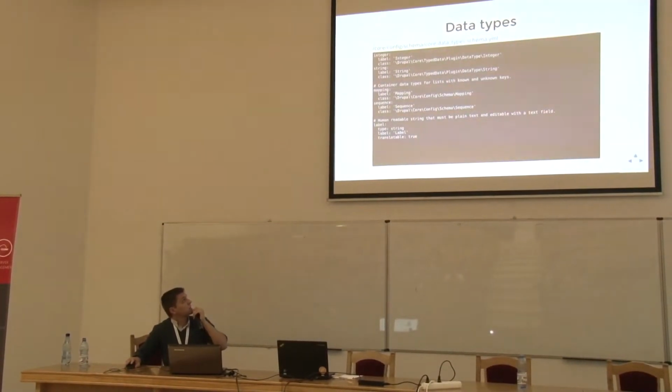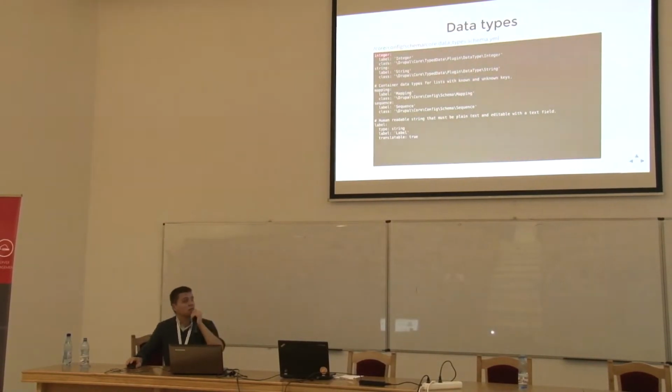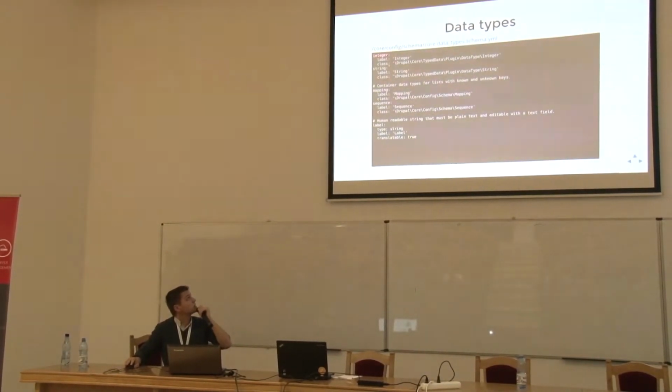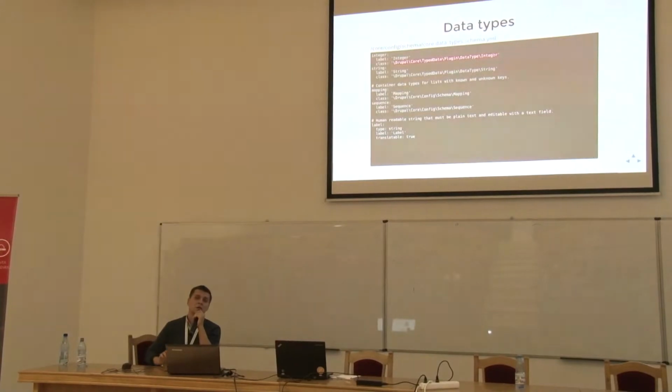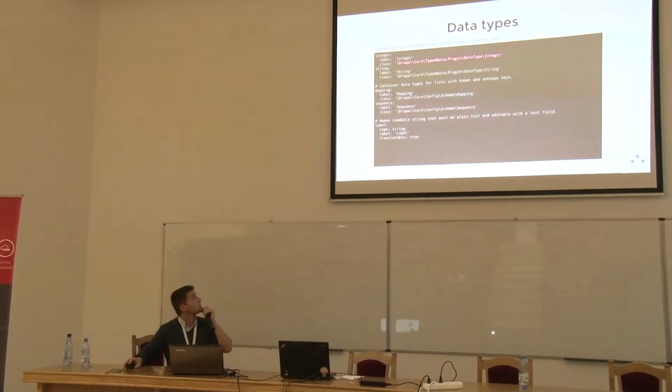What you can see is that integer actually uses a class to typecast the value. This ensures that when you have a value for that configuration, it will always be typecast with this class. Okay, so you will be sure of the type of the value.